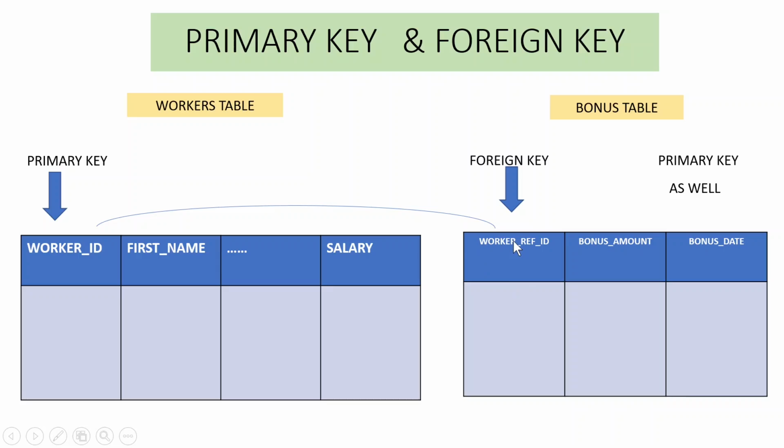The bonus table has three columns, and the workers reference ID holds the foreign key.